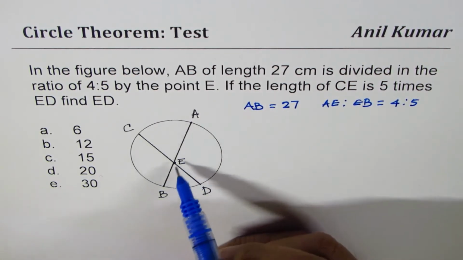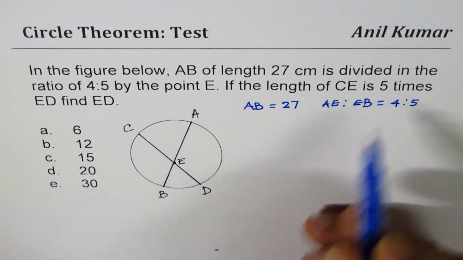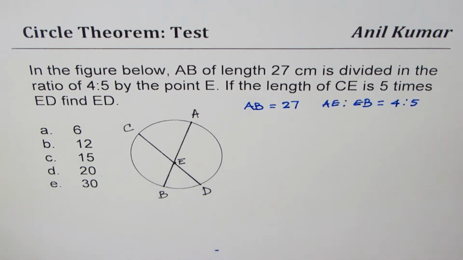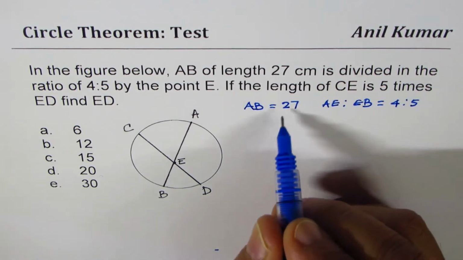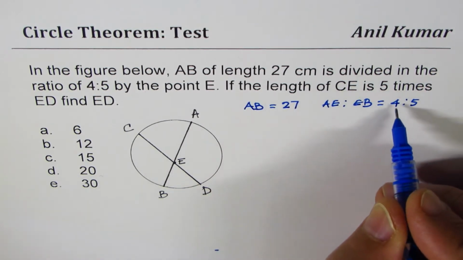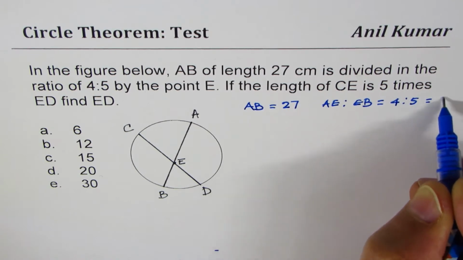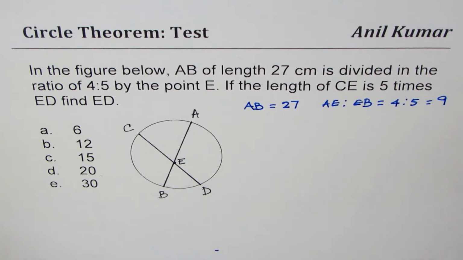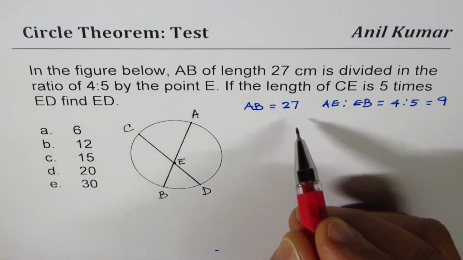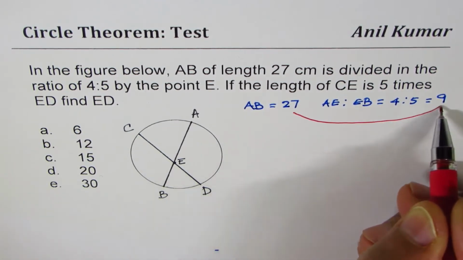Now, what are the lengths of AE and EB? How do we find it? So the trick involved here is that total length is given to us. 4 plus 5 is how much? Total becomes 9. Now if you compare the ratios, 9 times 3 is 27, right?